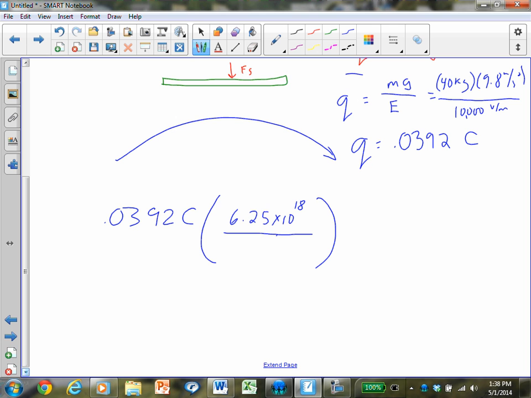Okay, that makes sense. So that's 2.45 times 10 to the 17 electrons.